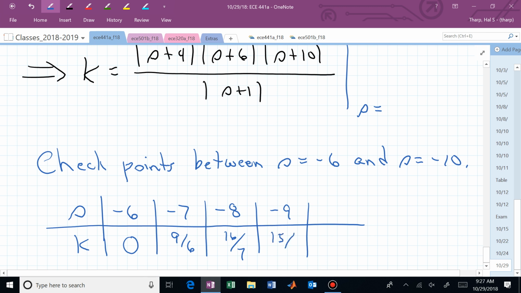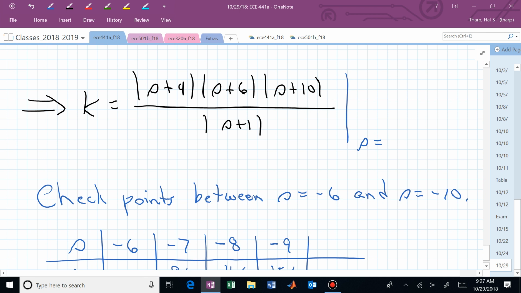That's now 15 over 8. Now we've gone from 1.5 to a little bit bigger than 2, and now we're less than 2. So we've experienced a relative maximum of k somewhere around -8. Is that clear?